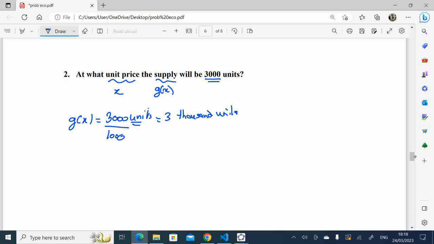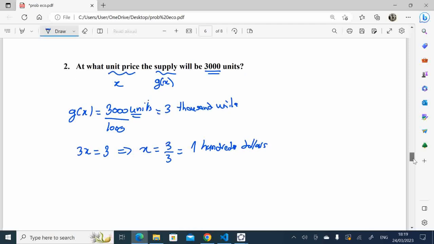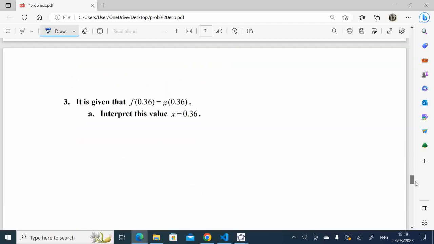Which means I have to find x so that g of x equals 3. So g of x is given as 3x, so 3x equals 3. It means x equals 3 over 3, which is 1 in hundreds of dollars, or $100. Okay, so this is part 2. Let's go to the third part.